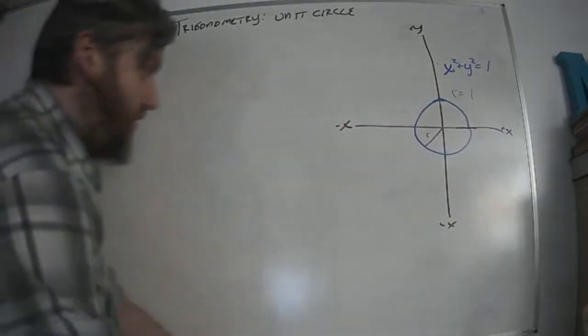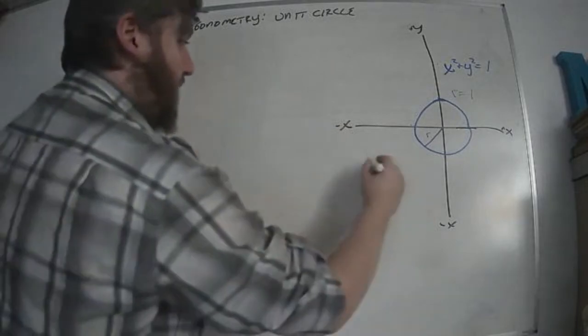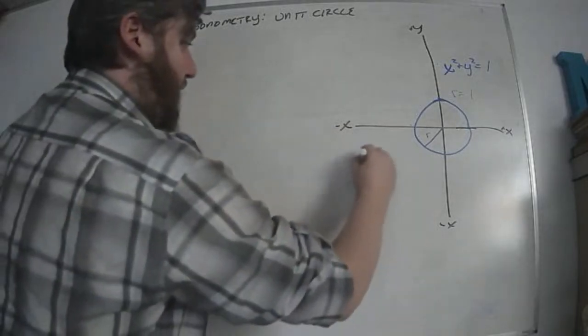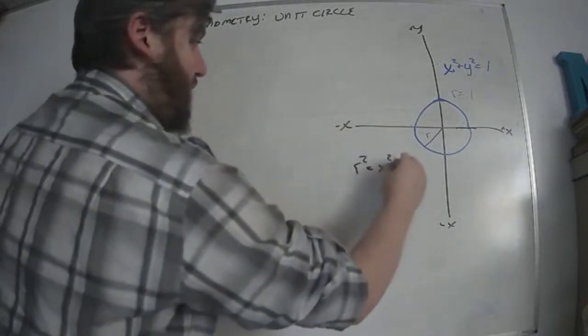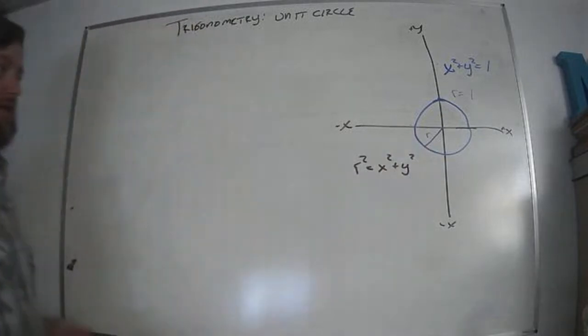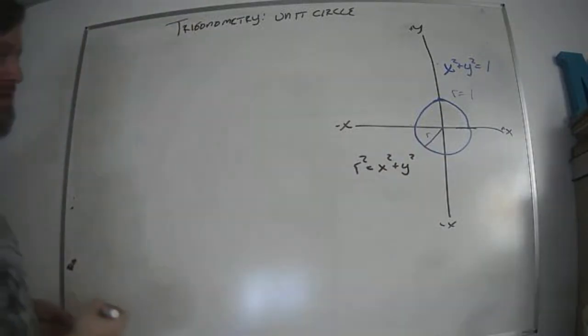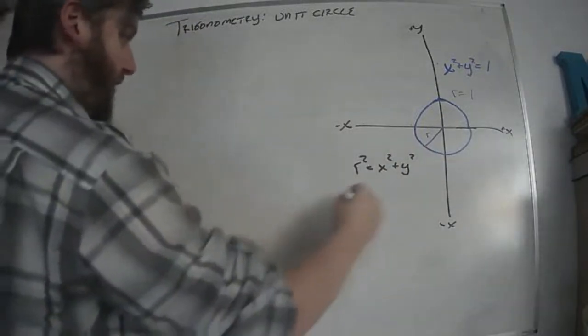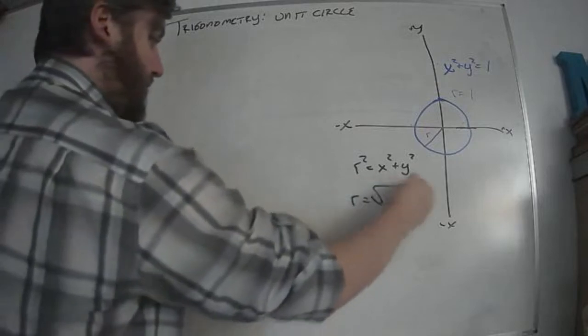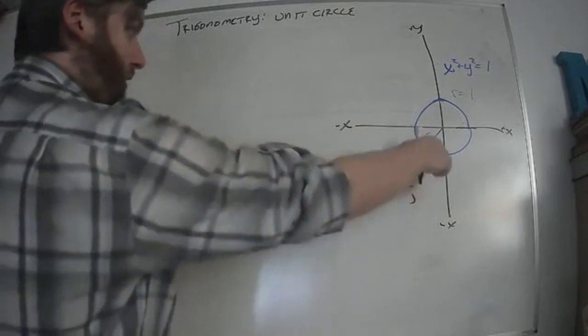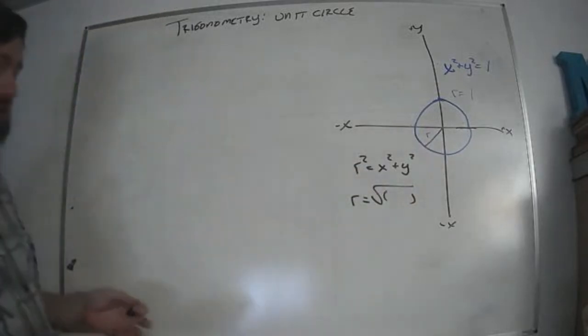Because if you remember, the equation of any circle is r squared equals x squared plus y squared, and therefore the radius equals the square root of this in any general circle.